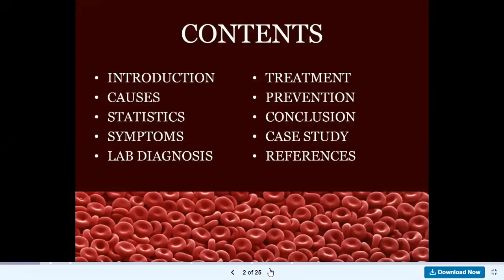Then we'll look at the treatment, how to prevent aplastic anemia, and then the conclusion. And we will take a case study of a patient with aplastic anemia.